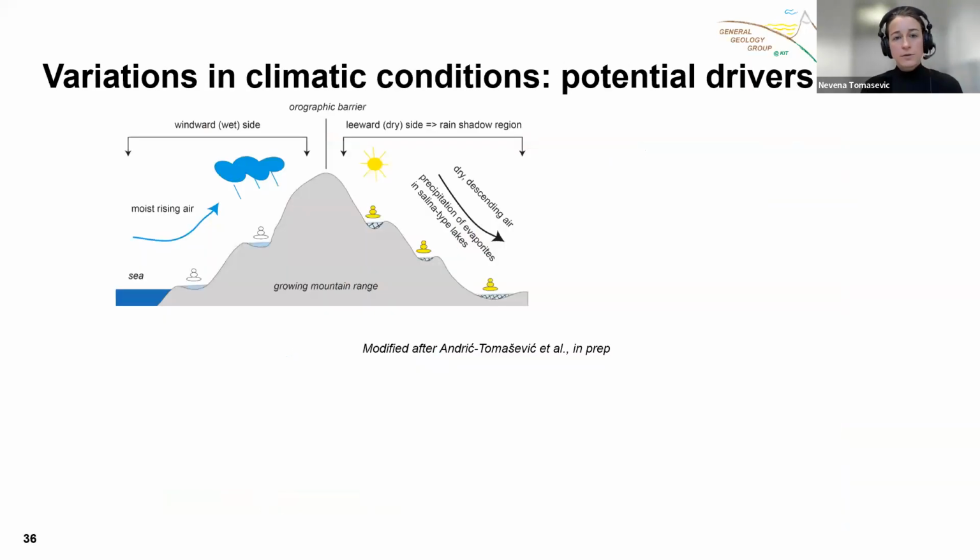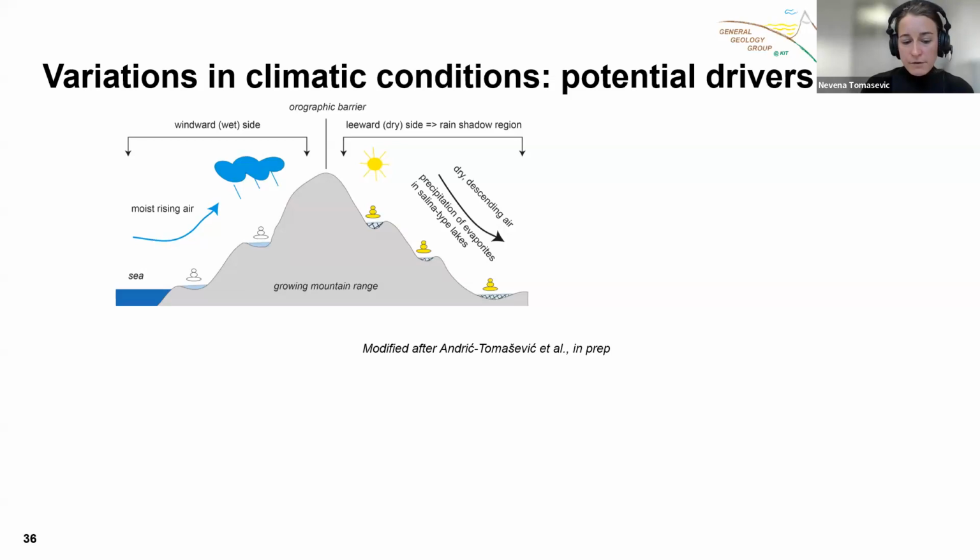And this led us to the hypothesis that during the evolution of these basins, the Dinarides were probably high enough to block moisture coming from the Adriatic Sea and leave basins in the internal part of the Dinarides in a rain shadow. And if this is true, this event didn't only lead to contrasting depositional environments and climatic conditions, but also to speciation of different faunas on both sides of the mountain range.